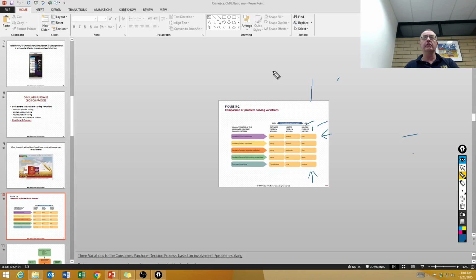And then at the other extreme, we have high involvement purchase process, otherwise known as extended problem solving. So this is the 5-step process that gets used here. We use it for important products.